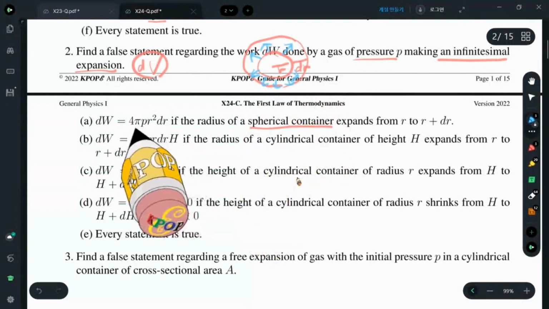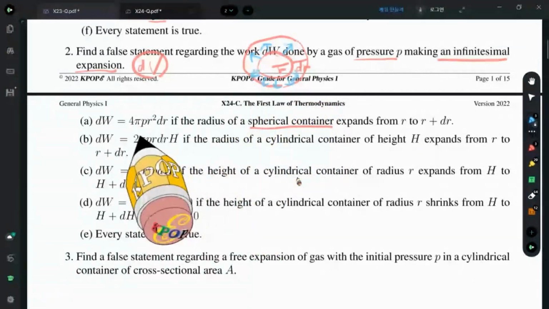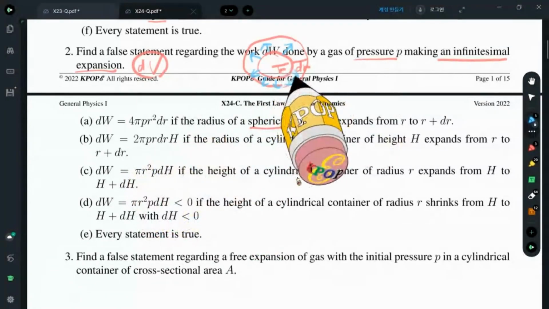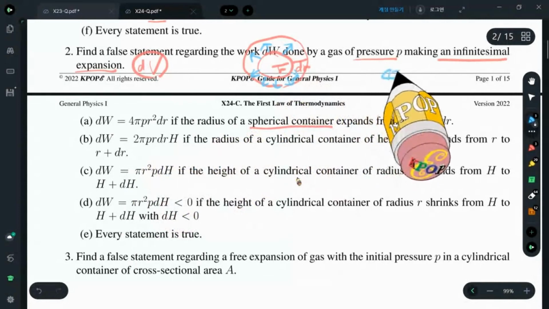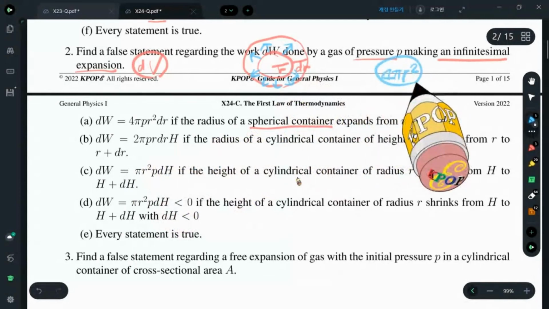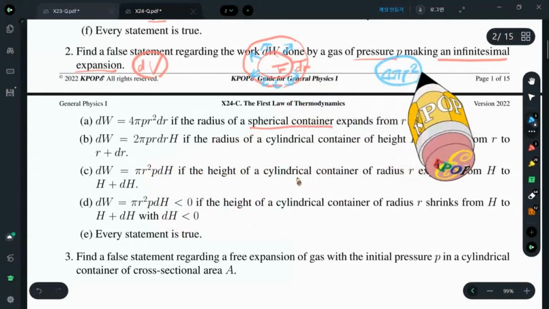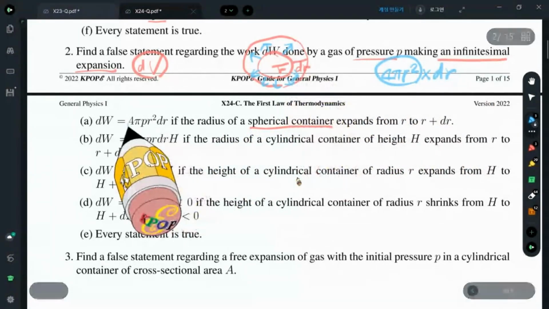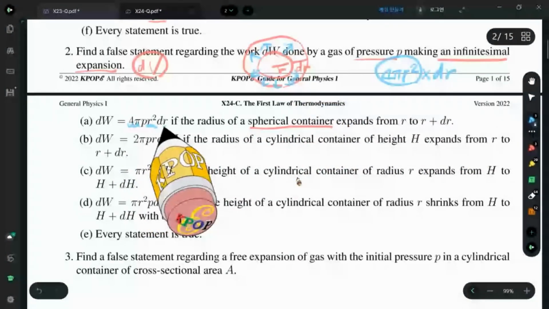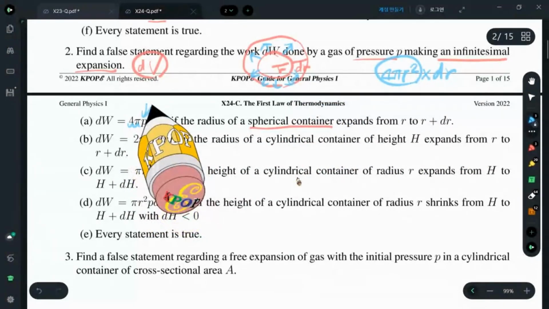Then pressure multiplied by the volume change, and the volume change should be 4 pi r squared, that is area, multiplied by the differential radius. So 4 pi r squared dr multiplied by pressure.